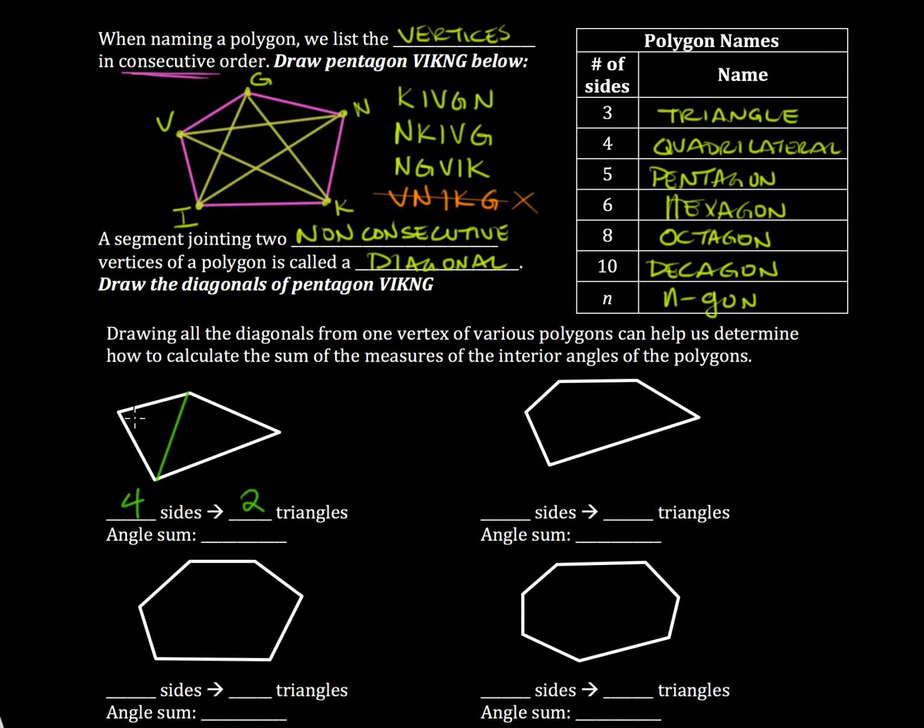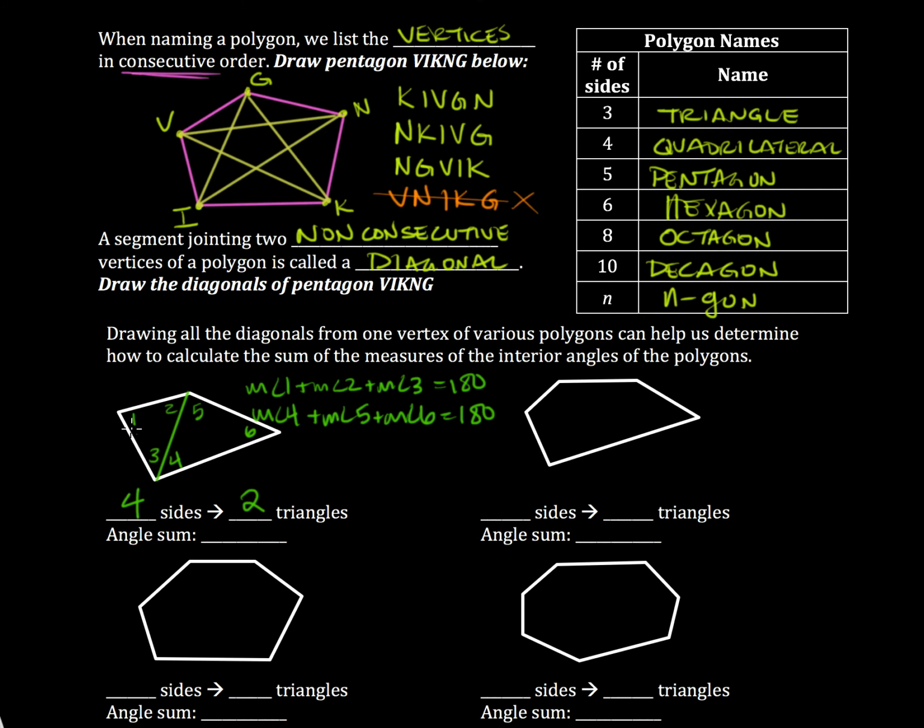Now I know that if I add angles 1, 2, and 3 up, so the measure of angle 1 plus the measure of angle 2 plus the measure of angle 3, I'm going to get 180. And then if I number these 4, 5, and 6, and I add the measure of 4 plus the measure of 5 plus the measure of 6, I'll get 180 there.